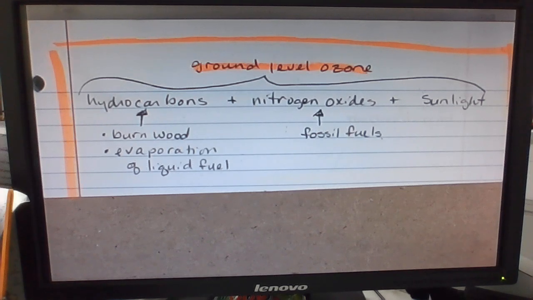So we release hydrocarbons into the atmosphere when we burn wood, when those volatile organic compounds evaporate. The nitrogen oxides come from using fossil fuels. And then the energy from the sunlight creates the ground level ozone.